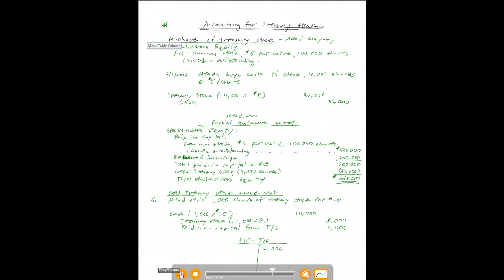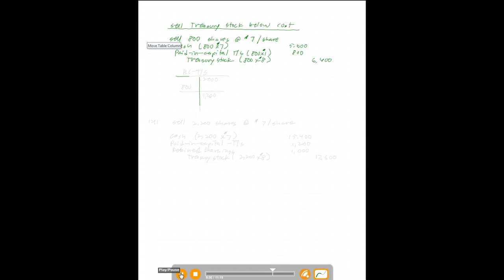So let's do an example showing that. Before we do that, I just want to show the T account. So we bought it, we sold it at a gain, so we have 2,000, and now we just debited for 800. So our balance in this account is 1,200.